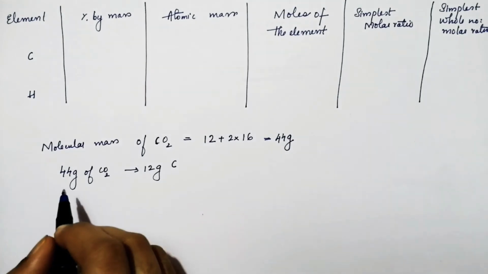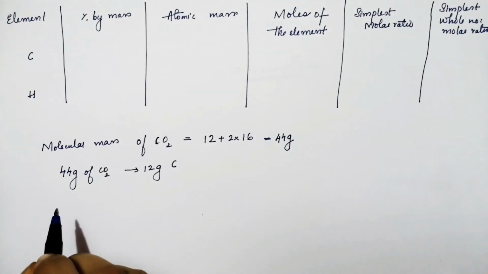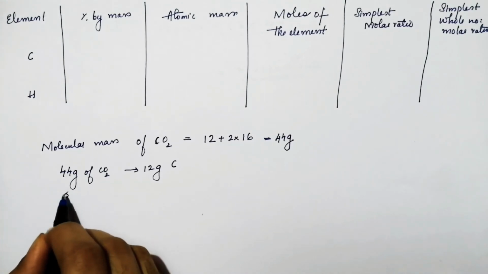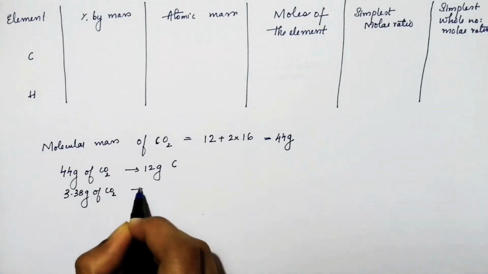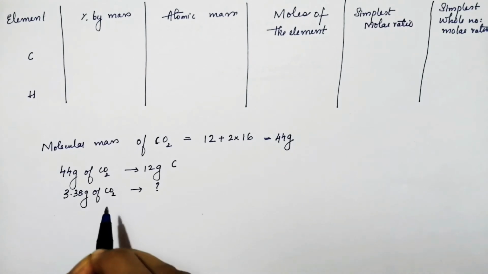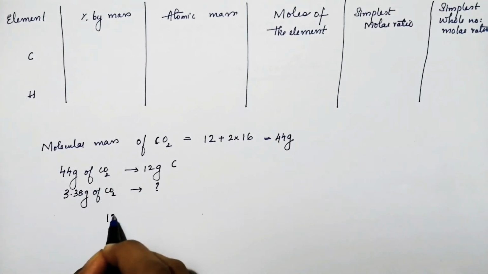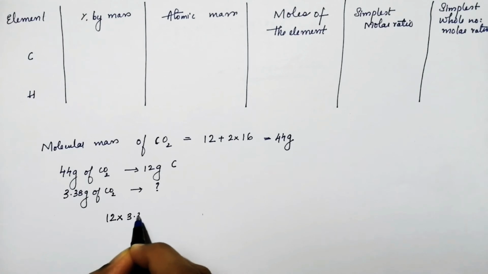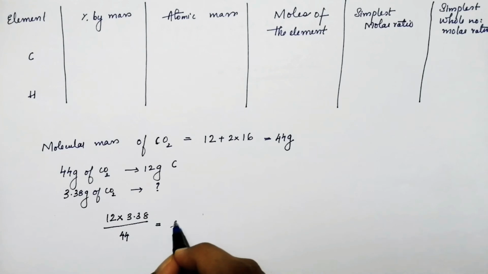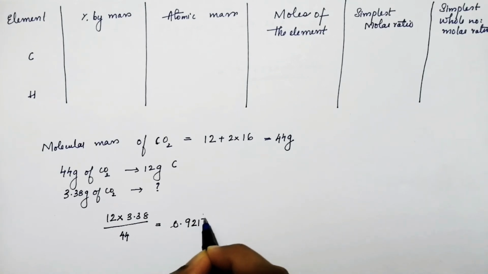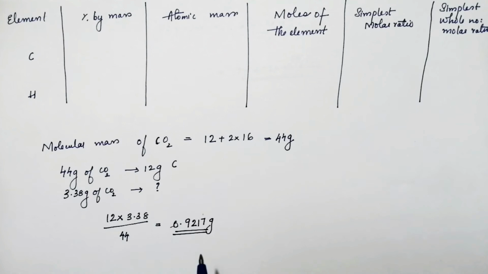Now in the question it is given that the amount of carbon dioxide in this reaction is 3.38 gram. So we need to calculate in 3.38 gram of carbon dioxide how much carbon is present. To find this answer, let us do the cross multiplication. So we get 12 into 3.38 divided by 44. This is equal to 0.9217 gram. So this is the amount of carbon present in 3.38 gram of carbon dioxide.